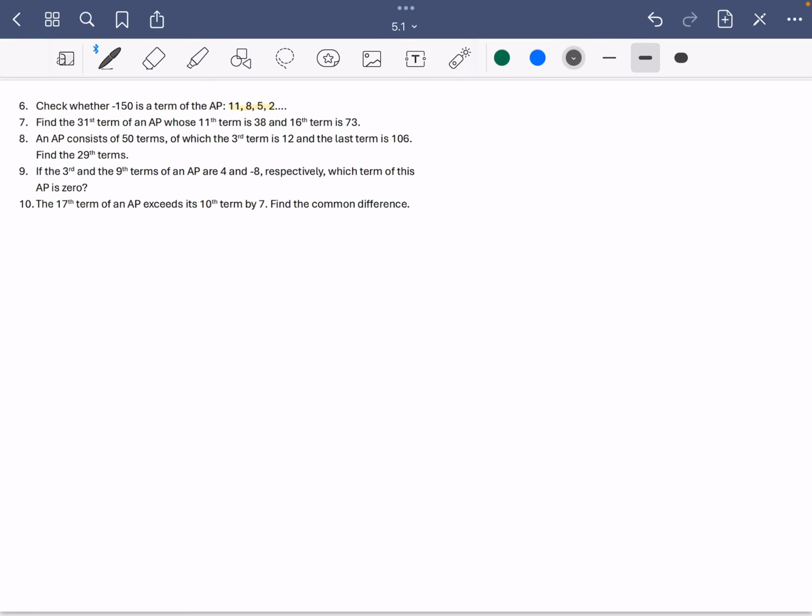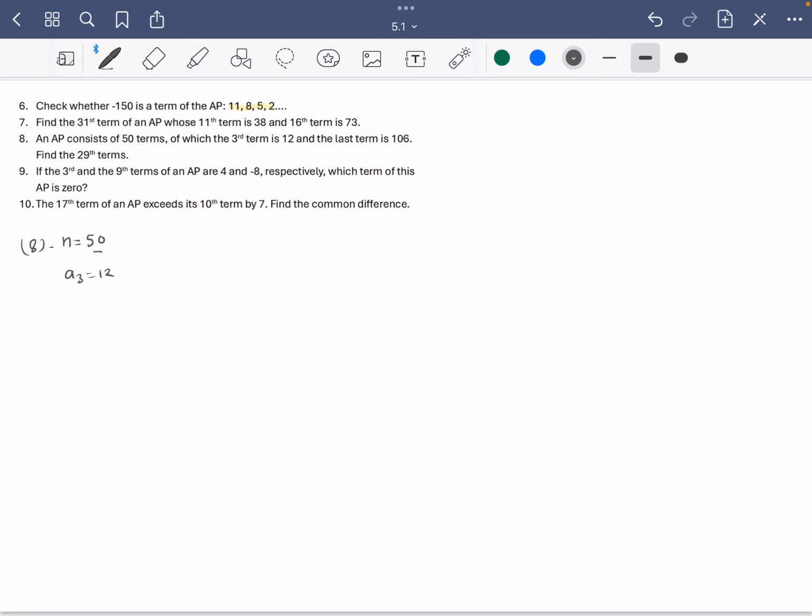Eighth question. An AP consists of 50 terms. Let's say the total number of terms is 50. Its third term is 12, A3 is 12, and the last term is 106.